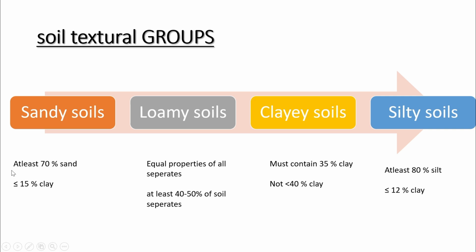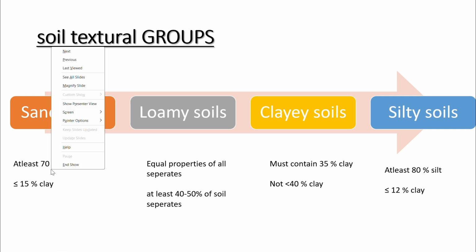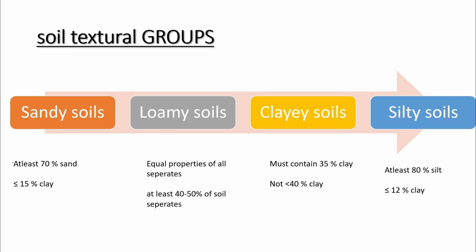In sandy soil, at least 70% sand is present. To call a soil a sandy soil, there should be at least 70% sand, so greater than 70% sand should be there. Here we are focused on sand only because it is sandy soil.